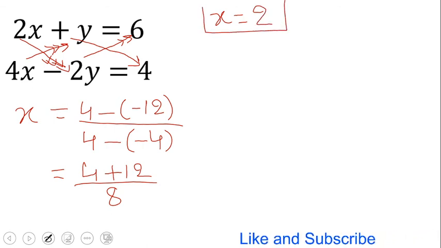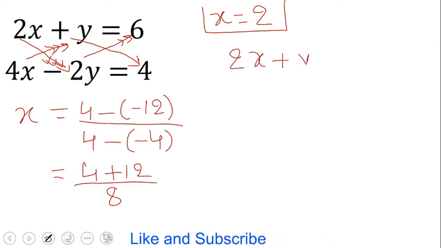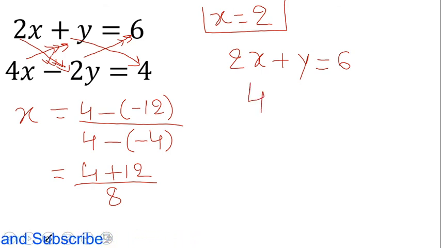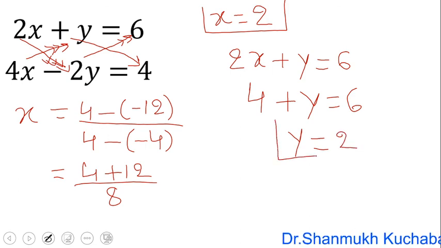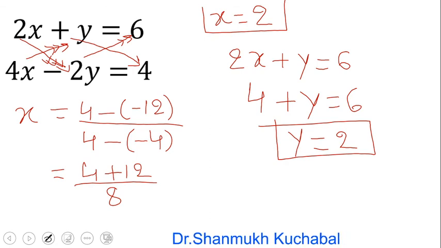Then take any equation. I take the first equation, 2x plus y equal to 6. Here the value of x we take as 2. 2 into 2 is 4, so 4 plus y equal to 6. So the solution for y is 6 minus 4, which we get as 2 here. Therefore the solution for x is 2 and the solution for y is 2 here.